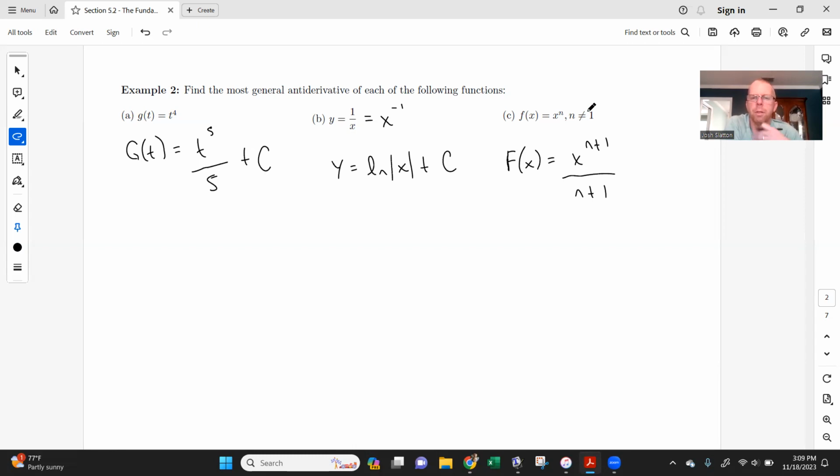Yeah, n is not negative 1, because if n is negative 1, then we're in this situation. So typo there. All right, and then of course you have the plus c. All right, so that's the basic type. Obviously, you should probably be very, very comfortable doing those. All right, so we'll stop this one here and then look at other more complex examples as we go.